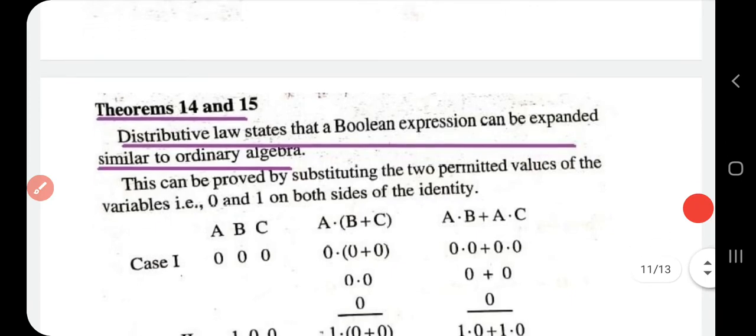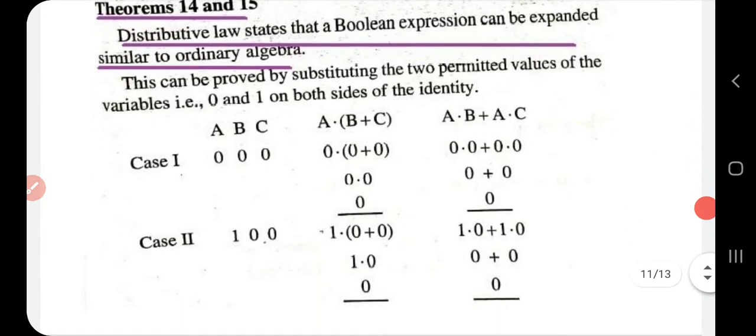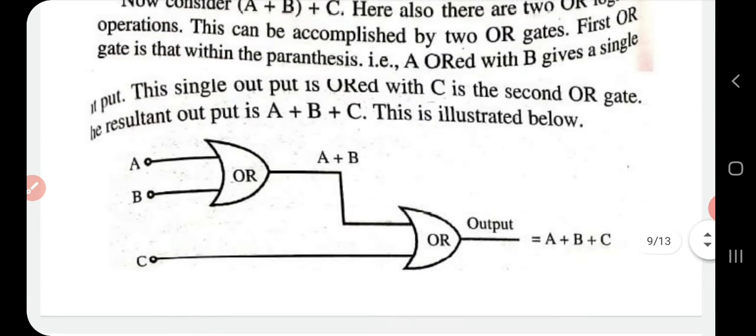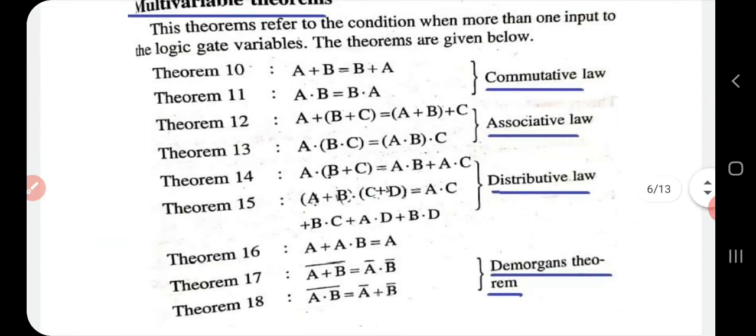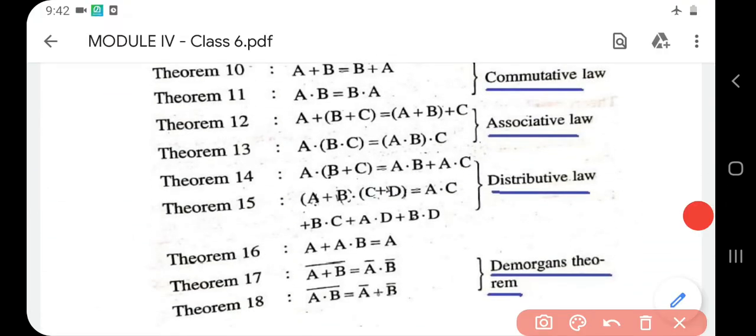Now the last ones, theorems 14 and 15, are the distributive law. So distributive law, here it comes, this one: A plus B dot C plus D is equal to A plus B, A plus C. So this we are going to prove step by step.